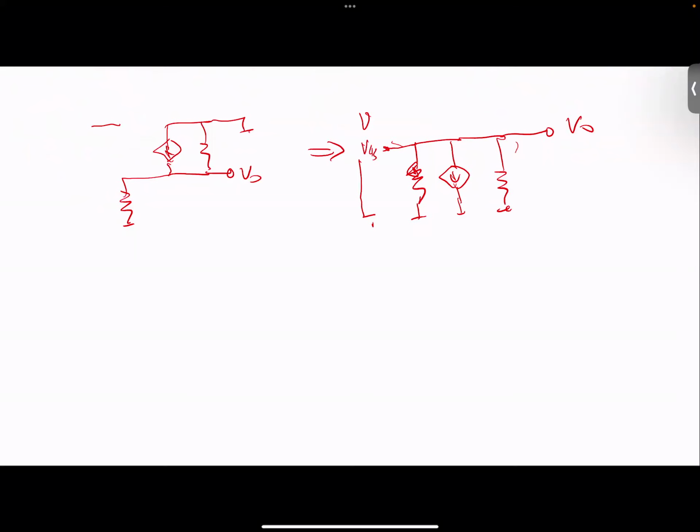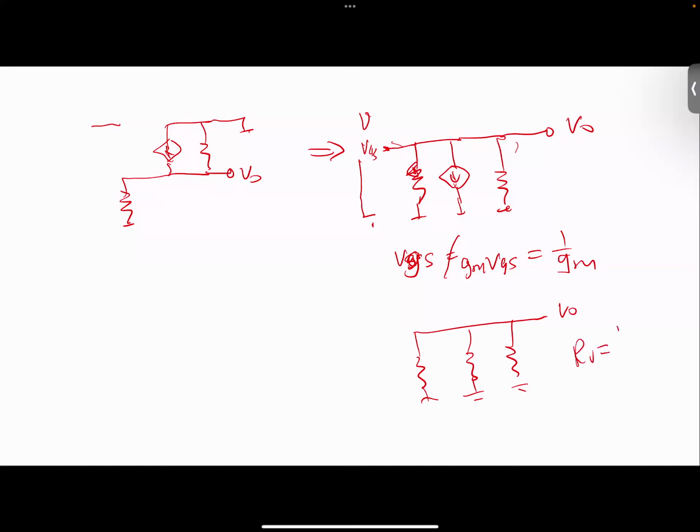So your VGS is now exactly the same as the voltage at the two terminals. So VGS divided by GM times VGS gives you 1 over GM, which is a resistance. So therefore, RO equal to RO1 in parallel with RO2 in parallel with 1 over GM.